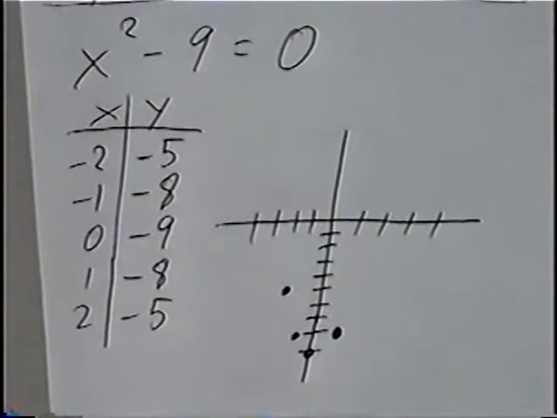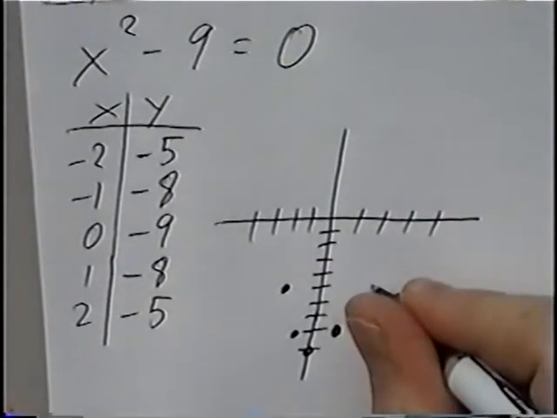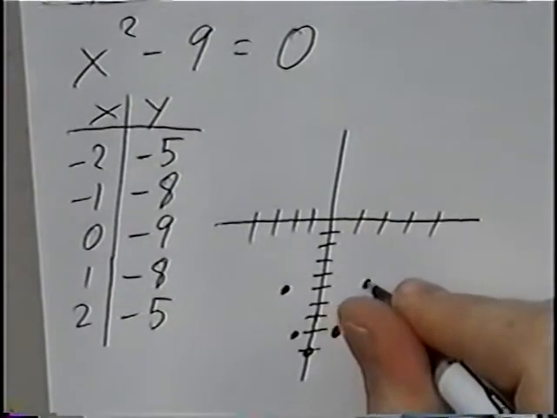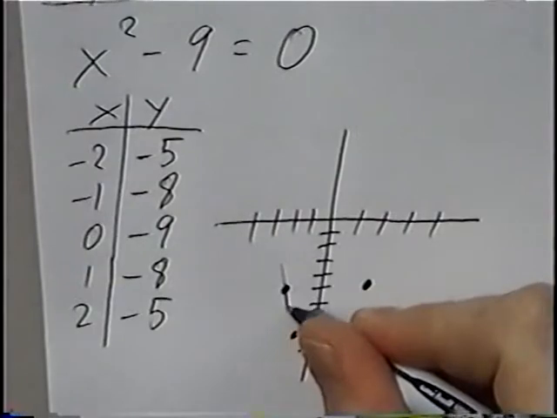And 2, -5 would be 2 spots to the right and then 5 spots down. Connecting these points, we can get a parabola shape to start our graph.